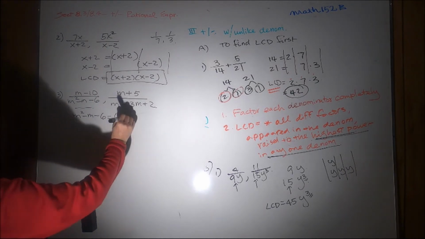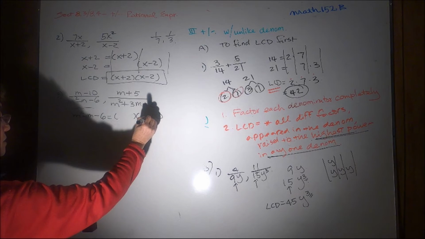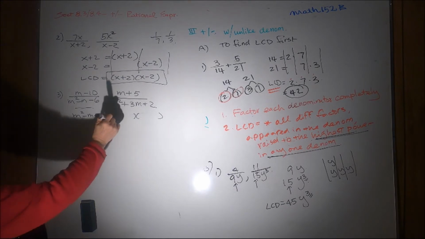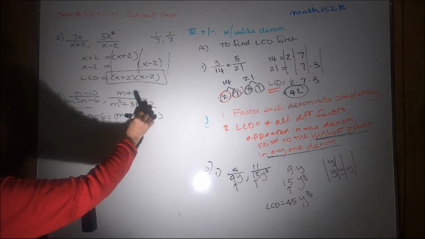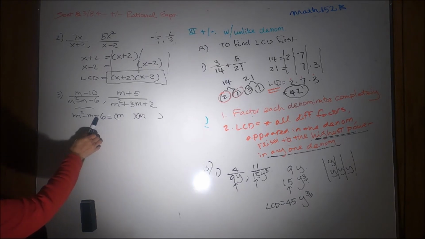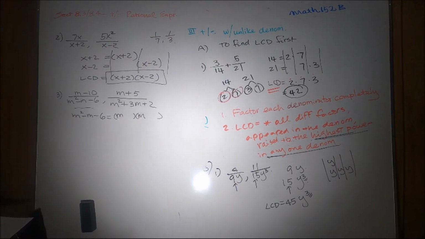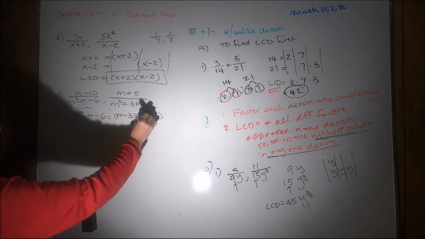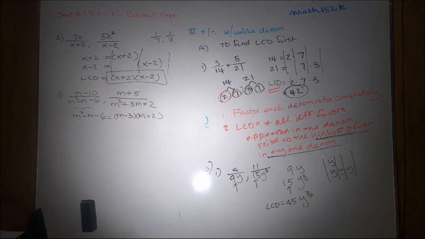How do we break down the trinomial to all the primes? The DC method, right? But the leading coefficient is 1, so we can just write it directly. So which two numbers multiply together to be -6 and added together are -1? That would be 3 and 2, and it's m minus 3 and m plus 2, right?